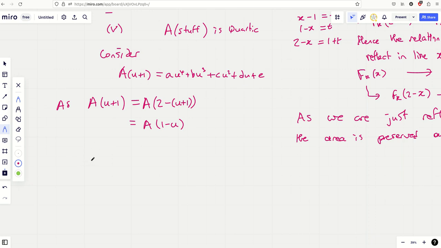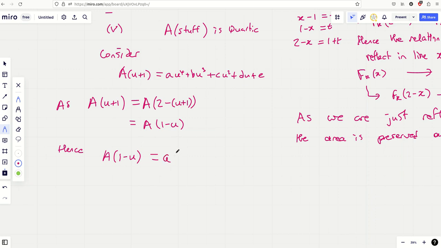We can then therefore say, hence, A of 1 minus u. Well, what's that going to be equal to? Let's have a look at what's happened here. We've replaced u with minus u, haven't we? Because this is 1 plus u and this is 1 minus u.